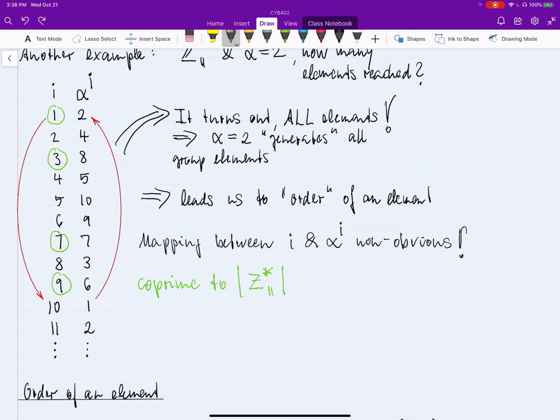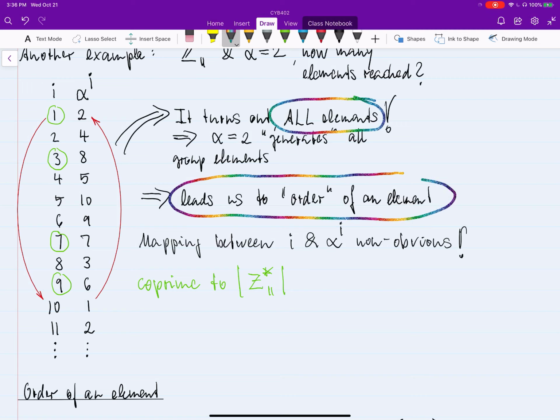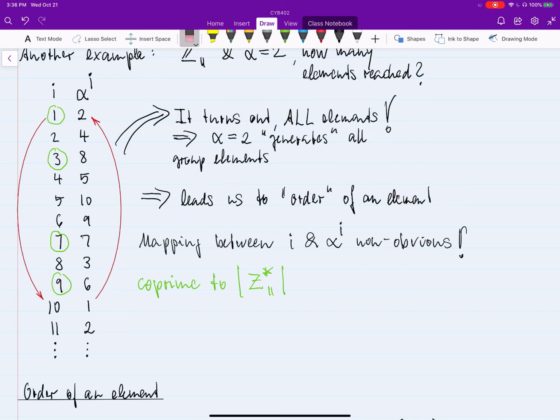This discussion leads us to think about the order of an element. The order of an element is basically how many elements you can reach with that base. We are going to discuss that in more detail in a second.